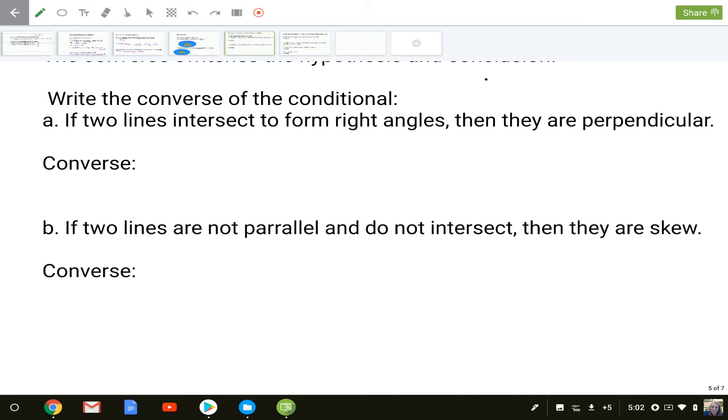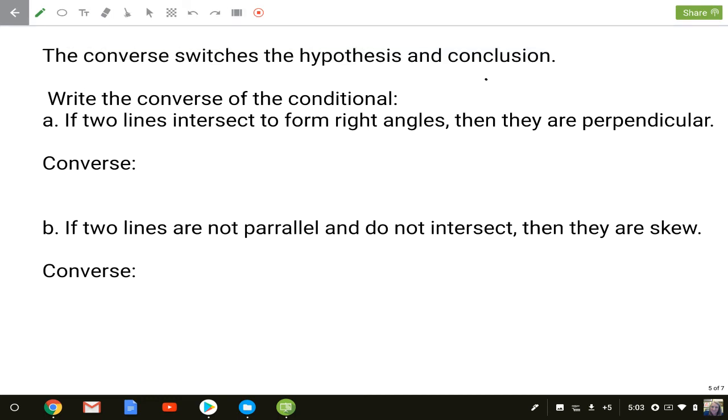Okay, finally we're going to learn how to write the converse of a conditional. The converse takes the hypothesis and the conclusion and switches them. So instead of having P implies Q, we're going to have Q implies P, or if Q then P. When I write the converse, I first want to identify the hypothesis and the conclusion, and then swap those.